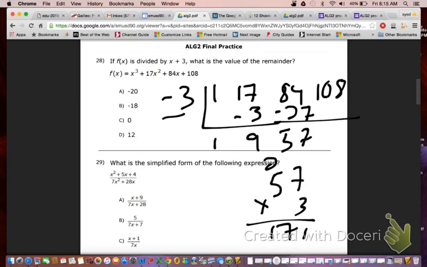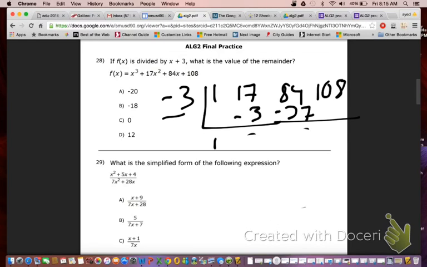Okay, so something is not right here. Let me go back and see. Negative 3. Oh, duh. Let's go back. So the setup's right. I just made a silly mistake. But this minus this is 14. There we go. 14 times 3 is negative 42.